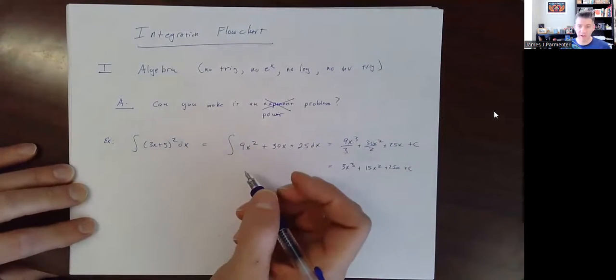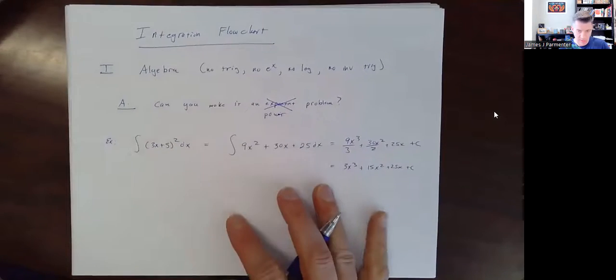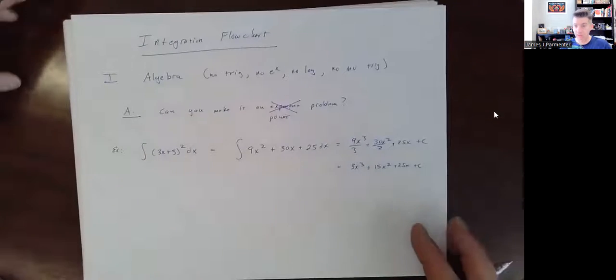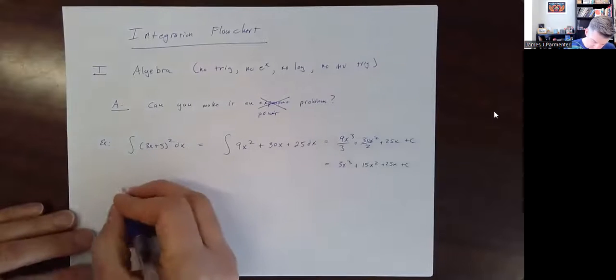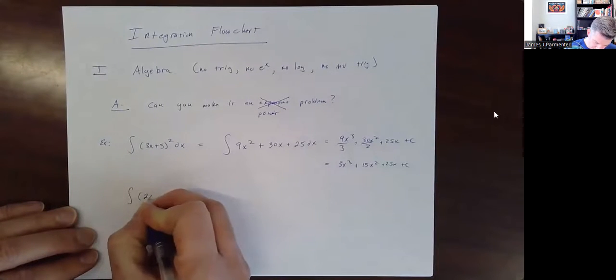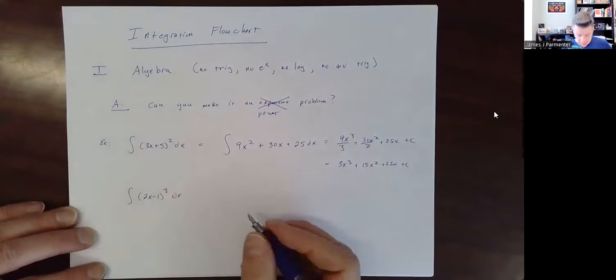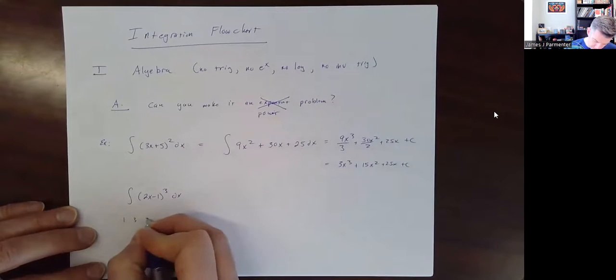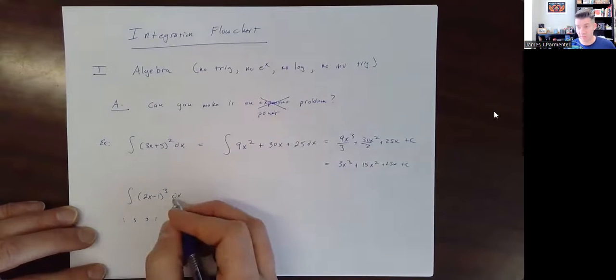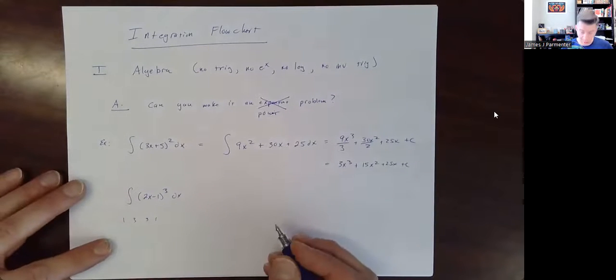You can get higher powers, but if powers get too high, it usually becomes easier to just do a substitution, which we'll talk about next. But for example, if I was going to do the integral of (2x minus 1) cubed, this still to me feels reasonable to multiply out. And there's this whole 1, 3, 3, 1 pattern in cubic powers, Pascal's triangle.